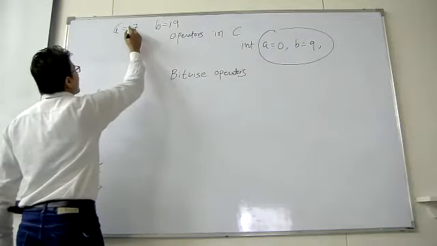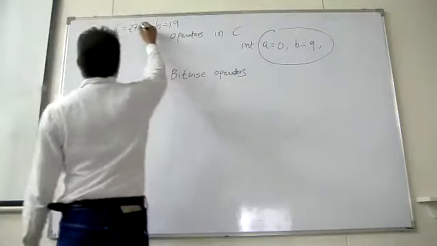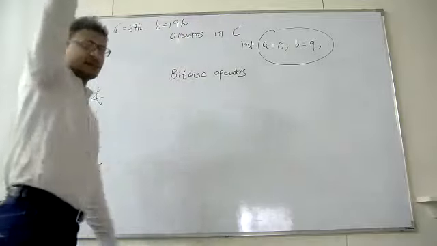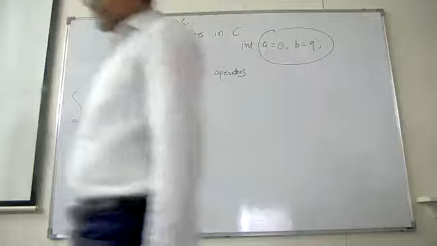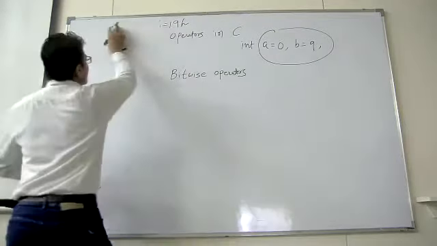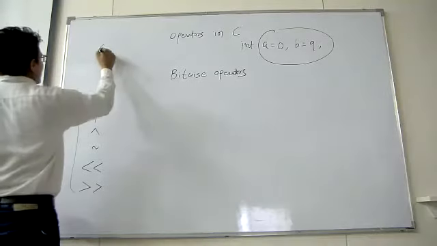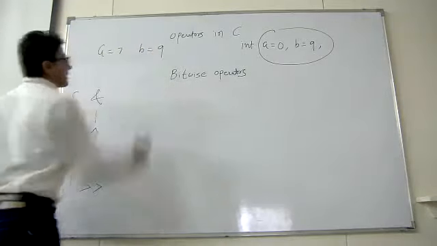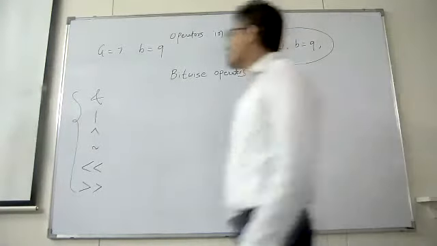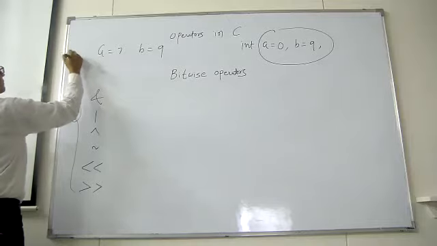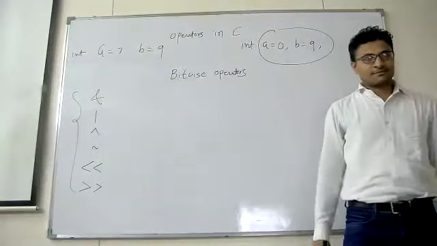No need to convert into hex; we are taking very simple values. A is equal to 7, B is equal to 9. Both are integers.